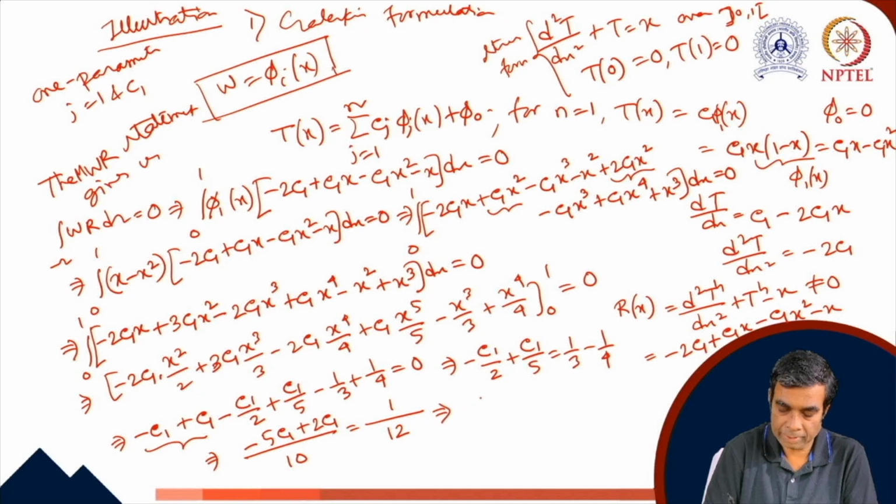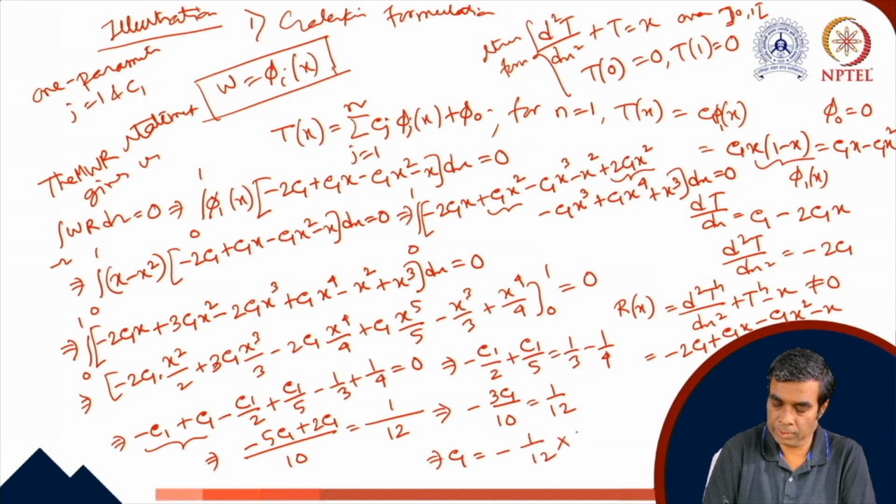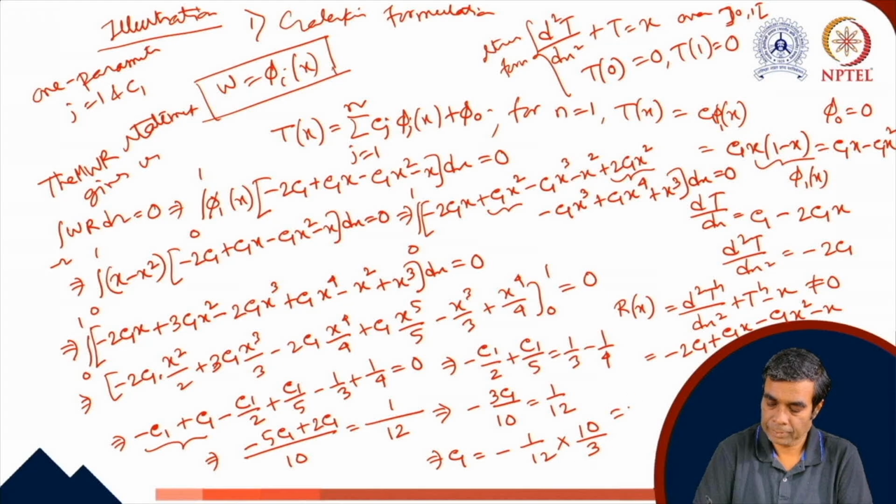So minus 3C1 by 10 equals 1 by 12, or C1 equals minus 1 by 12 into 10 by 3, equals minus 5 by 18.